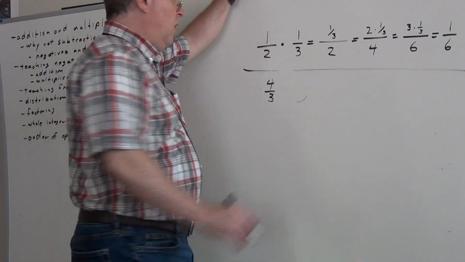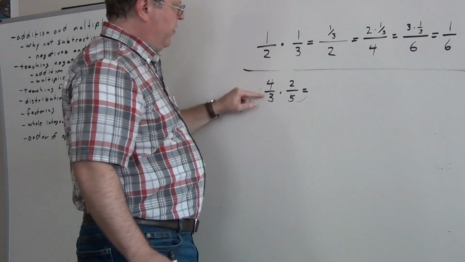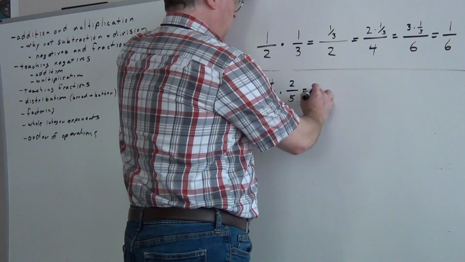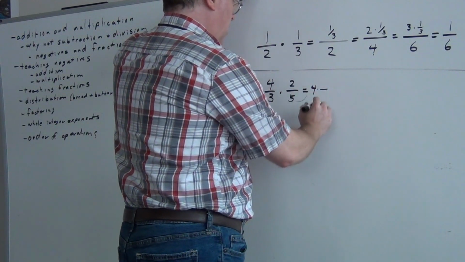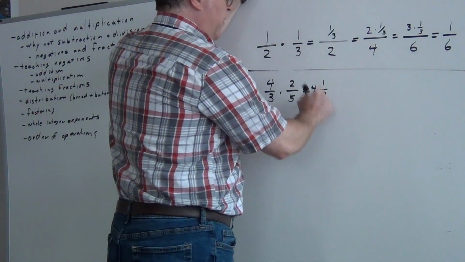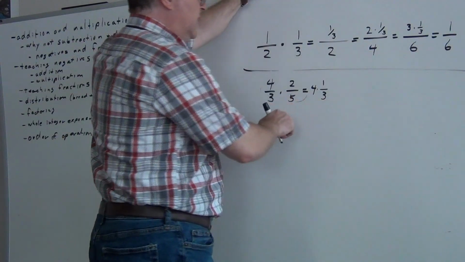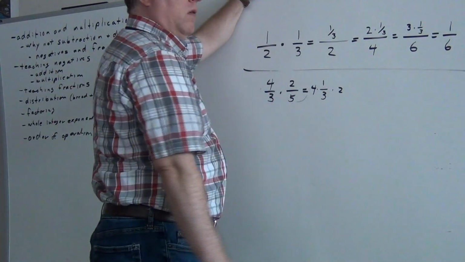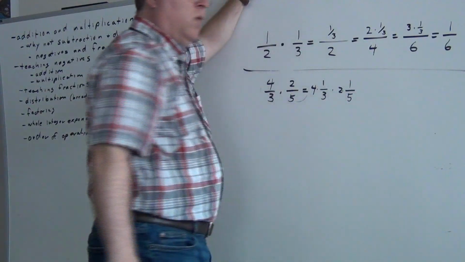Okay, and then I'll write down the 2/5. But 3 of these is the number 4. So that's the same as having 4 of the number that 3 of these is 1. And since 5 of these is 2, that's the same as twice the number that 5 of them gets you 1.